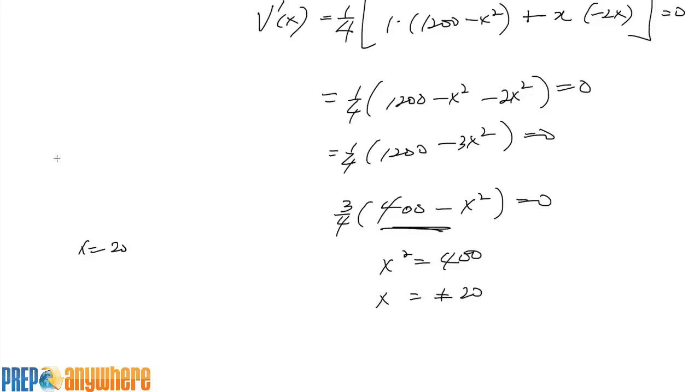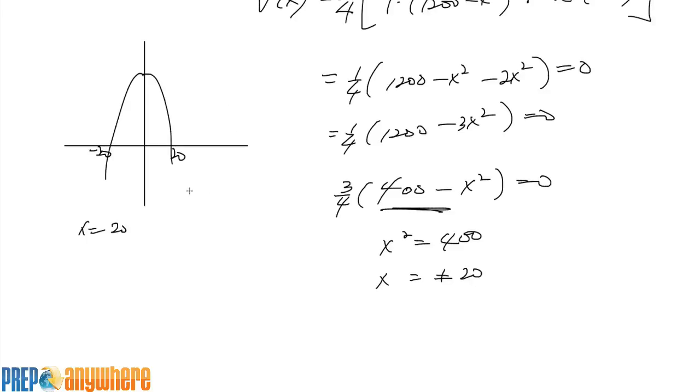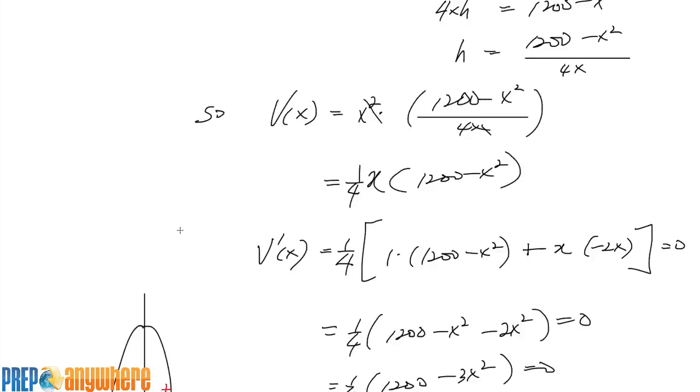Well, we have to visualize. Okay, we have to visualize this picture, and it's just an easy picture. It's a parabola that's going upside down with roots at 20 and minus 20. Right before 20 it's positive, right after it's negative. That means the graph is going up and then down at x equals 20, so it's going to be a local maximum.